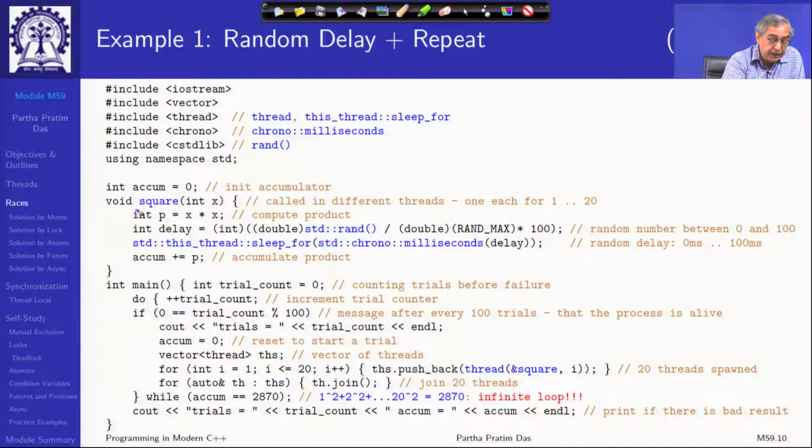Here, you can see that there is a function square which computes a square and accumulates, and here is where we put an arbitrary amount of random delay to simulate that the product operation is a heavy operation. And here is where we do multiple runs. This is the actual body of the program where we create a default array of threads, and then put different threads with the associated square function, but different parameters, into the vector.